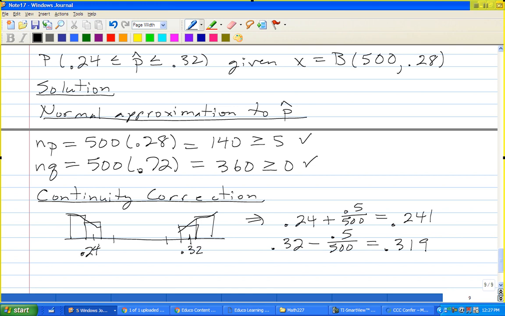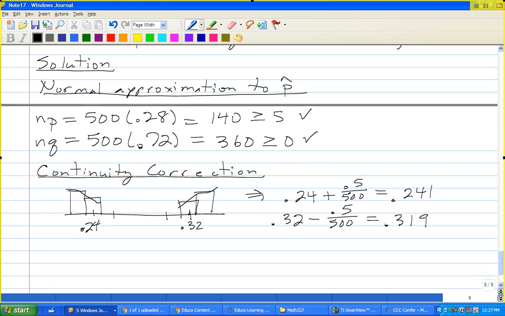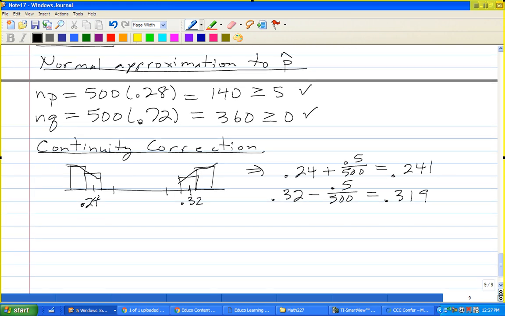And so I get that I want to calculate the following.